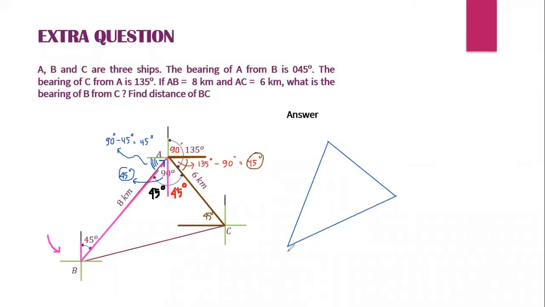This one is B, this one is C, and this one is A, right? Because this one is 90 degrees. This one we don't know, but this one is A. This one is 6. Good. Now we're going to find distance BC first, by using the cosine rule.